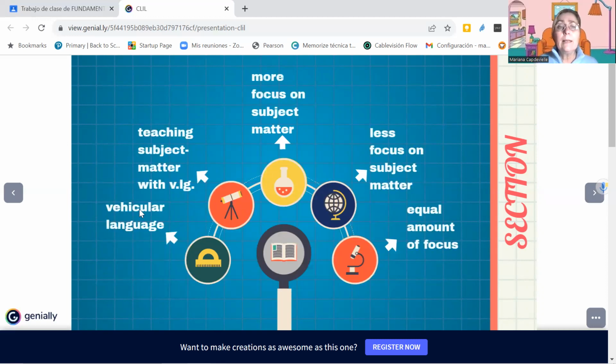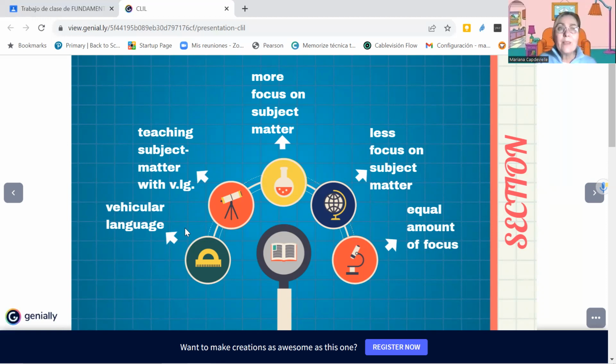Like I said, there is a vehicular language because sometimes you need to do some research or make a decision or understand something and you're working in groups. And sometimes that is done in the mother tongue, or suppose you're doing research and the research is in, I don't know, Portuguese. So you will have to access that information in Portuguese, use some tools, ask for help from someone who understands that language.